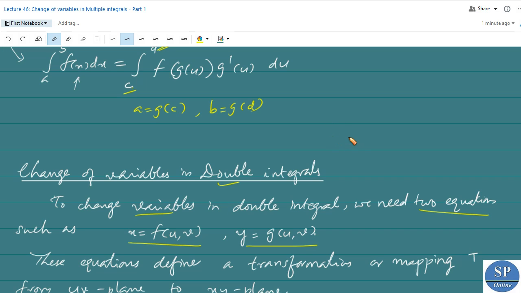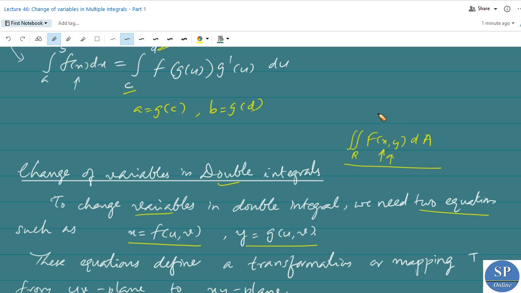We know a double integral is of this form: double integral over some region R f of x comma y dA. To change the variables of this double integral, we need two equations such as x equal to f of u and v, and y equal to g of u and v.